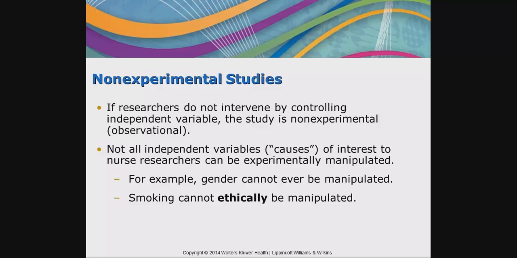We're still having rigor and numbers and looking at relationships. And not all the independent variables of interest can be manipulated. For example, if we're going to do research on smoking, well, you can't make your subject smoke or not smoke. That is unethical. So just remember, there's really zero cause and effect here. You're just looking at relationships.